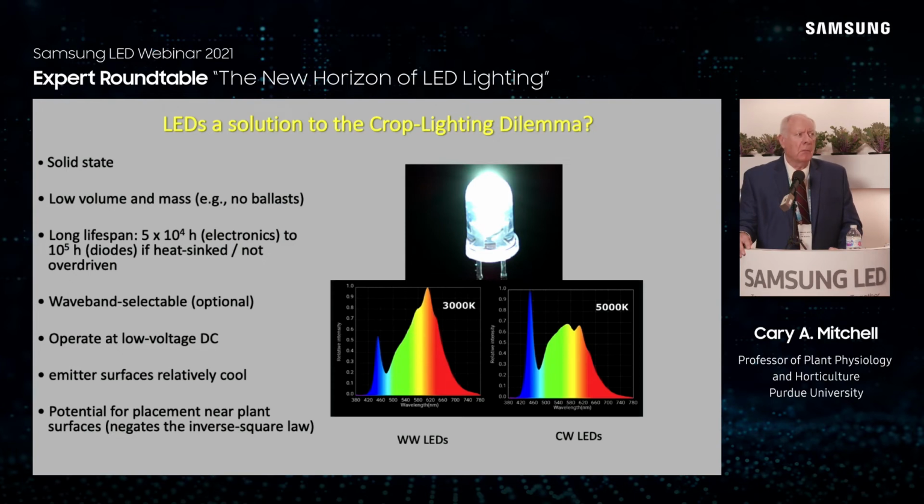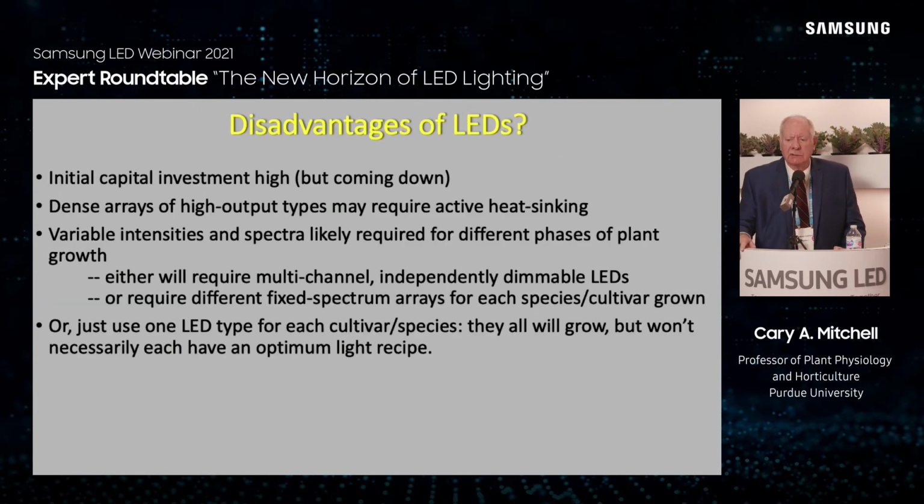They operate on much lower voltage DC, and the emitter surfaces are cool enough that you can actually get them fairly close to the plant tissue, and you can defeat the inverse square law that says that intensity increases or decreases with the inverse of the square of the separation distance. So you don't have that heat of the HPS lamp, and you can get in fairly close.